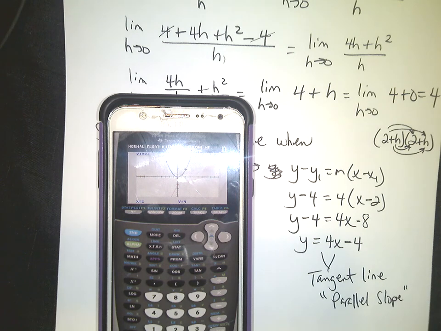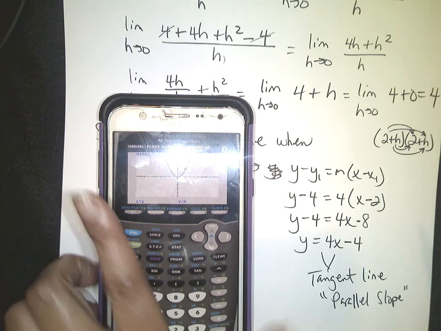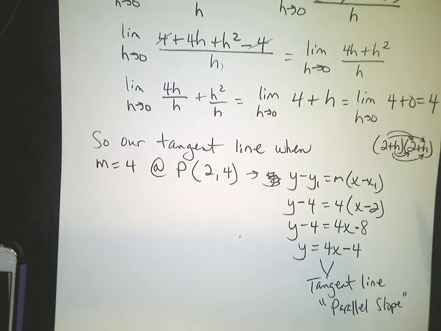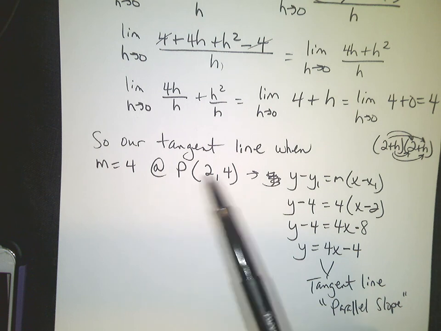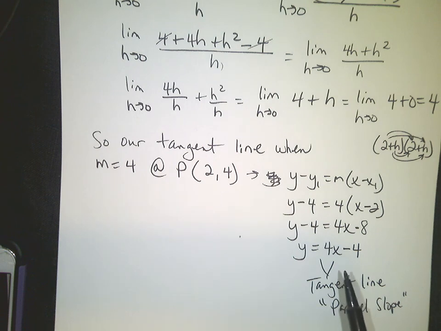So after you use the difference quotient to get the slope, you don't change anything. Use the same slope with the same point and find the slope-intercept form. But they just changed the name. It's called tangent line.